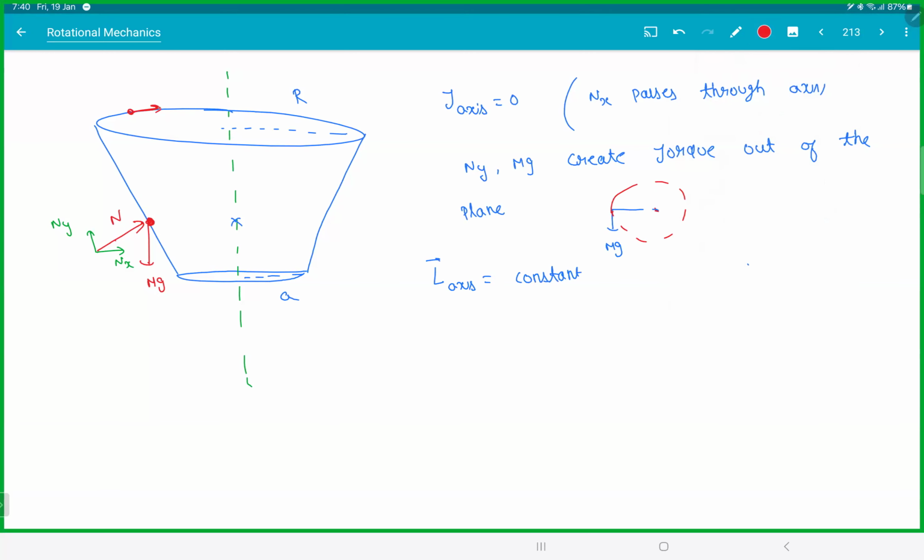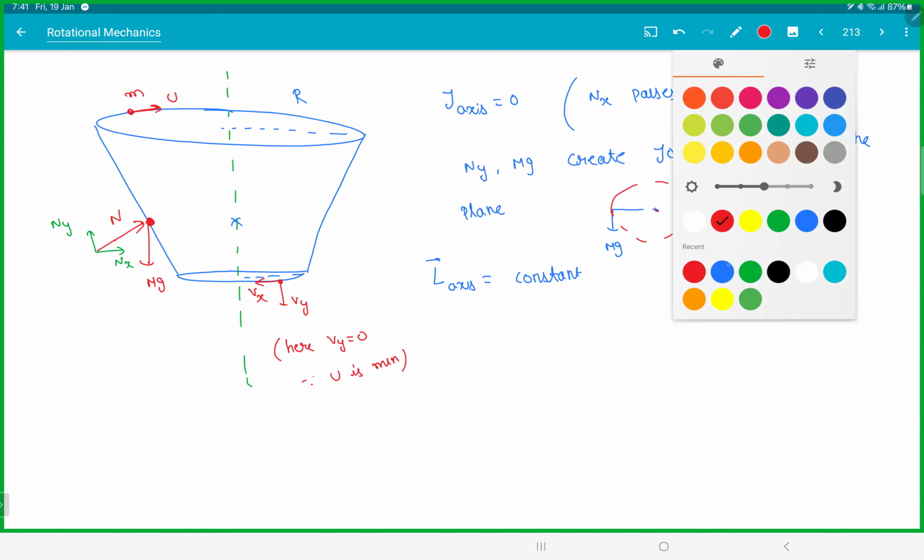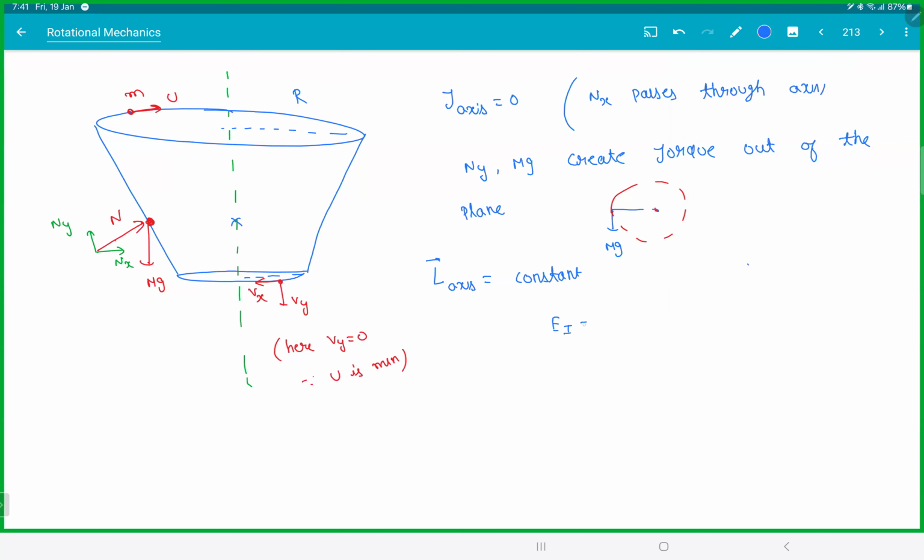You're done. So this guy has speed u, mass m. At the bottommost point, when it is coming, let the speed be Vx and let the speed be Vy. Here Vy is zero because you want the minimum. Energy in state 1 is equal to energy in state 2. Half mu square, height of the cone was h, this is equal to half mvx square.